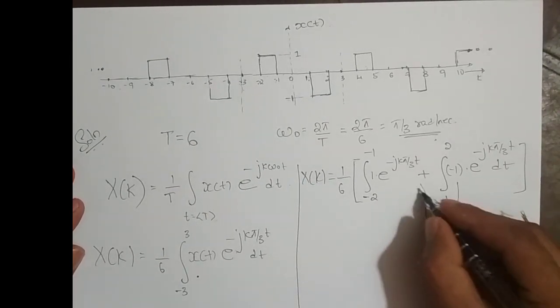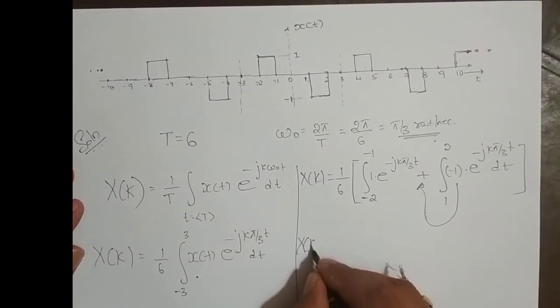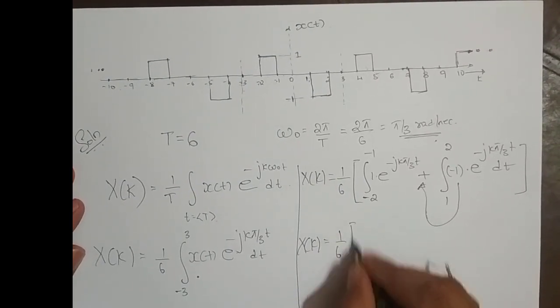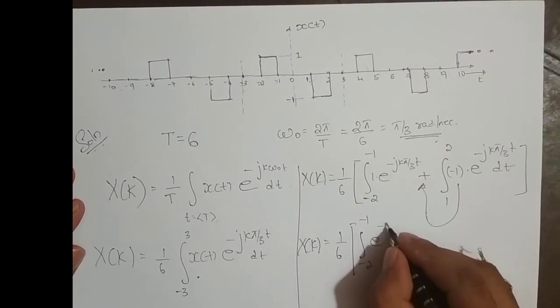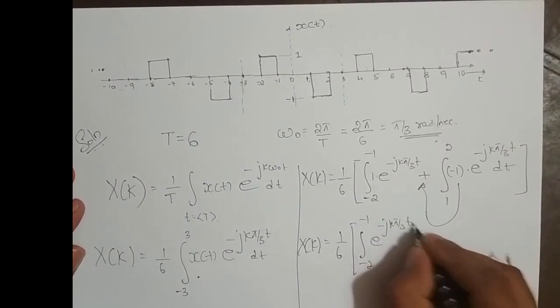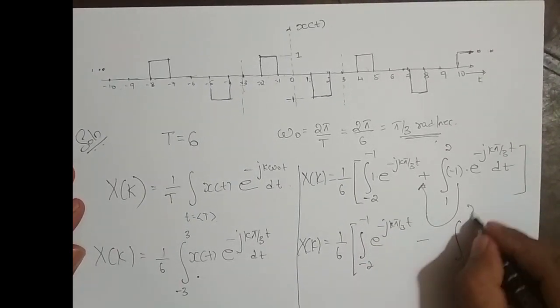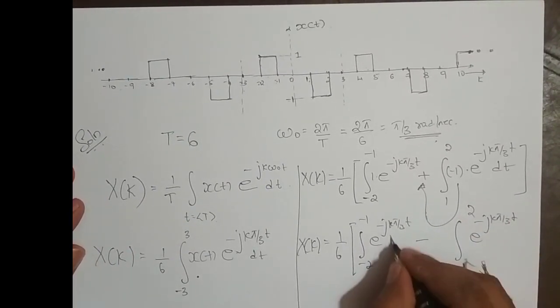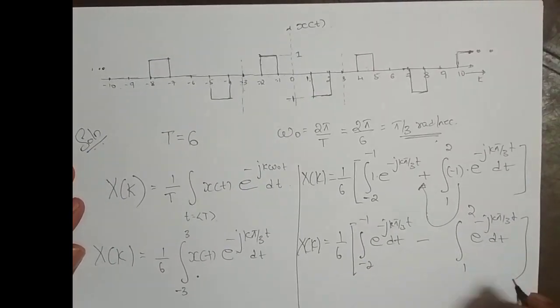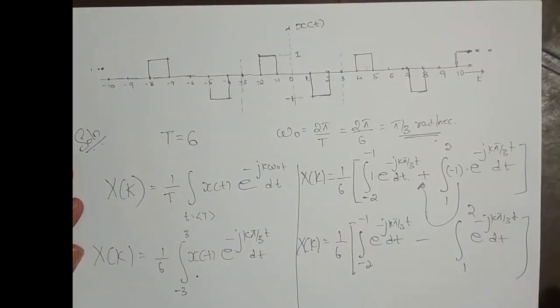I take this minus 1 out. So X of k is equal to 1 by 6 times integrating from minus 2 to minus 1 e power minus j k pi by 3 t dt, minus integrating from 1 to 2 e power minus j k pi by 3 t dt.